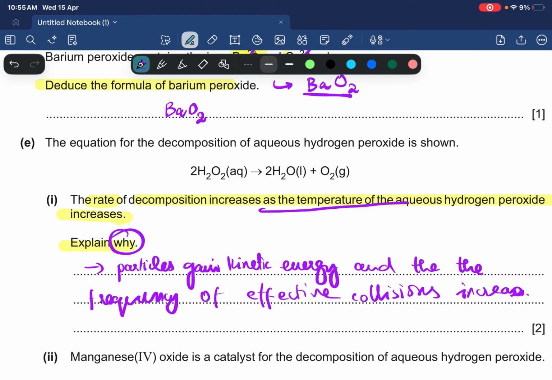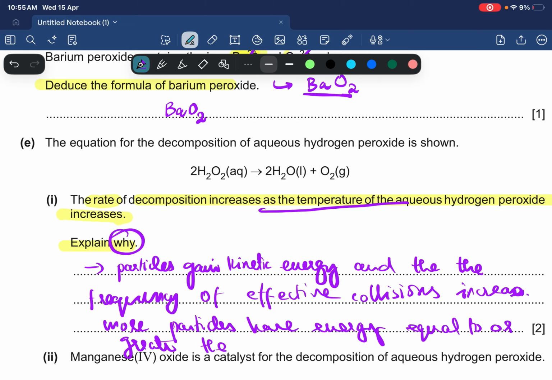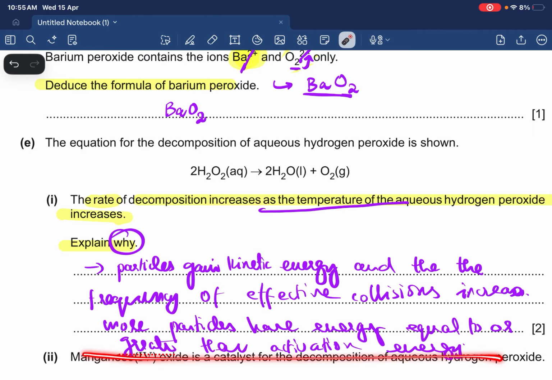More particles have energy greater than or equal to activation energy.